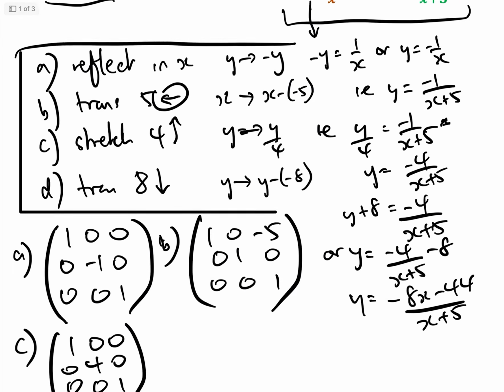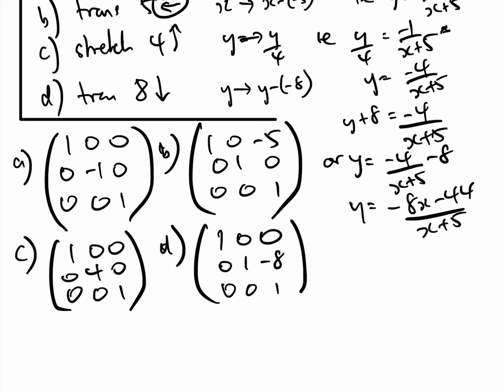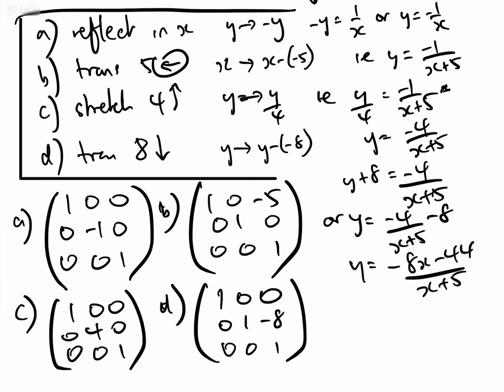So D will be 1, 0, 0, 0, 1, minus 8, 0, 0, 1. So we have our 4 matrices, and what we need to do is multiply them all together in the correct way. So let's call this matrix here A, this one B, this one C, and this one D.